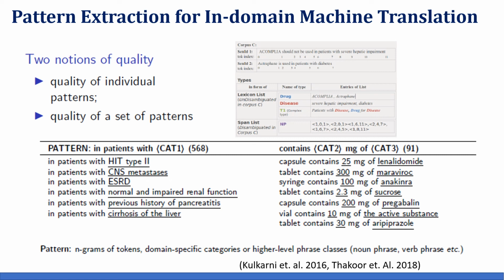How should we interleave these abstractions along with the actual lexical entities, that is, the words? Again, this is a search problem over a very large search space. Notions of quality, which is quality of individual patterns and quality of set of patterns, both are required. When it comes to quality of set of patterns, coverage, diversity, and the kinds of measures we have talked about, some of them not being submodular, for example, disparity, become very important.